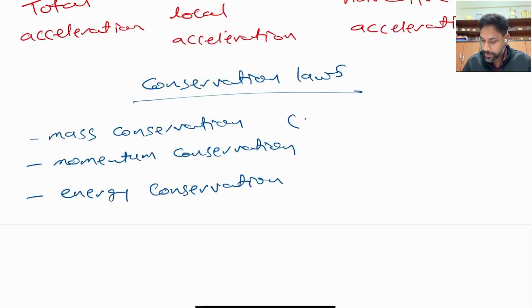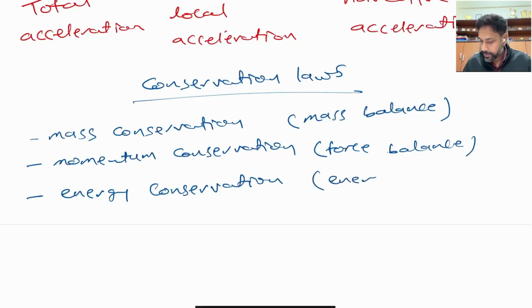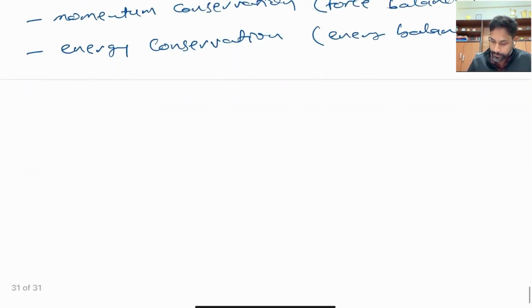Okay, where mass conservation is basically mass balance, momentum conservation is force balance, and this is of course energy balance. Okay, so these are three different types of conservation equations we apply in case of a fluid or mixing problem. So let's start with mass conservation.